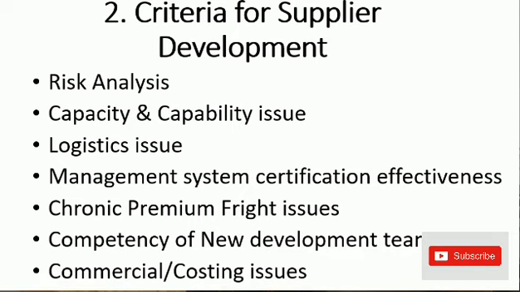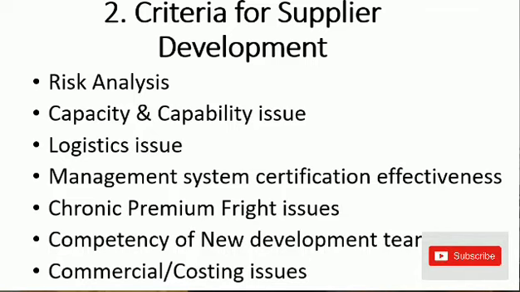It can be based on risk analysis, that you think this is important for the organization or can be critical for the success of the organization. Another could be capacity and capability issues. Another could be logistics issues. Another could be the kind of management system certification they have and whether it is serving any value to the organization or not.